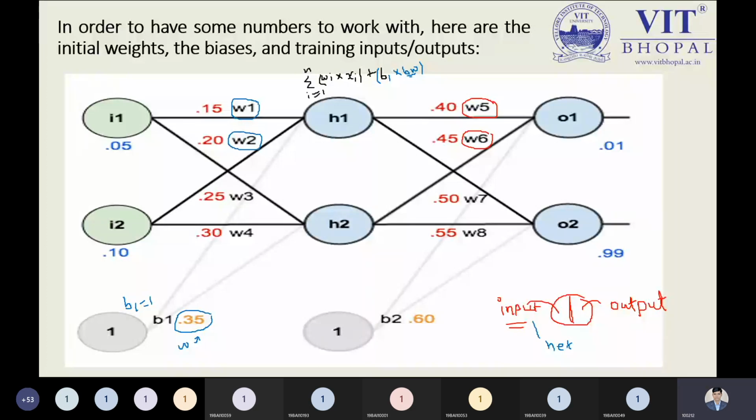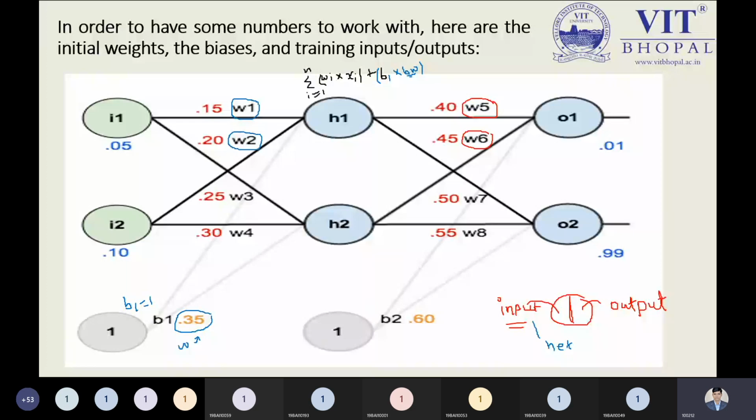Is this step clear, or should I explain once again? Please tell me what we need to calculate. Calculating, sir. Just a minute. I'm giving the hint: you are required to calculate the net value of the O1 node.